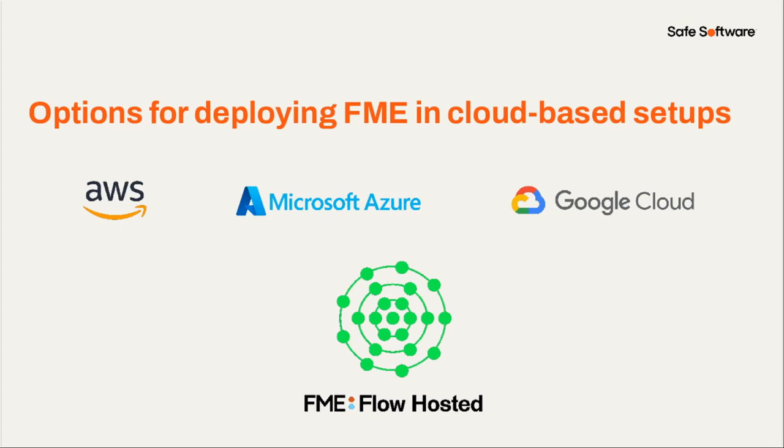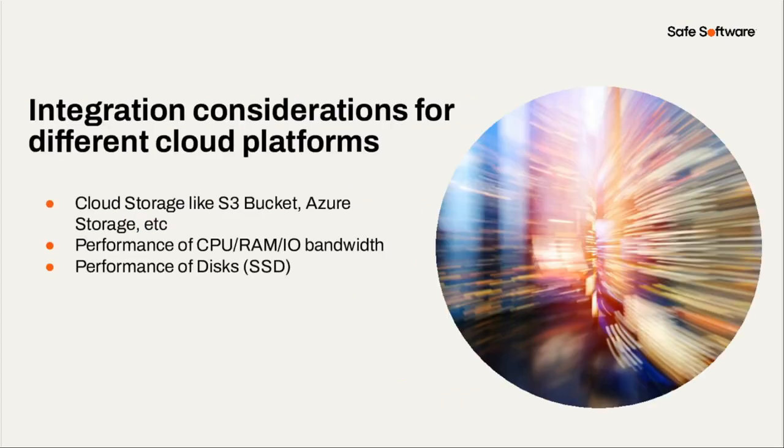And then, integrating with your cloud platforms with big data, you really want to look at what you can do to optimize the workflow. So take advantage of the cloud platforms. These cloud platforms have lots of great things that you can utilize to speed up your workflow.